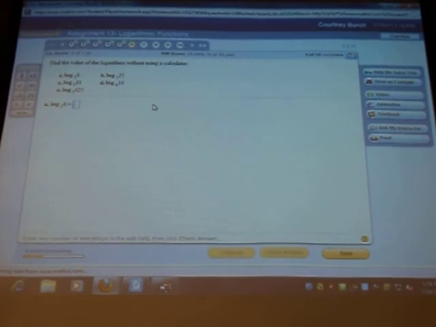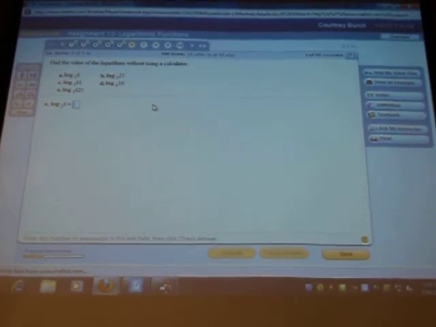Like on number 6. So let's do these just by thinking about them. Log base 2 of 8 means 2 to what power equals 8? 2 squared is 4. 2 times 2 times 2 is 8.